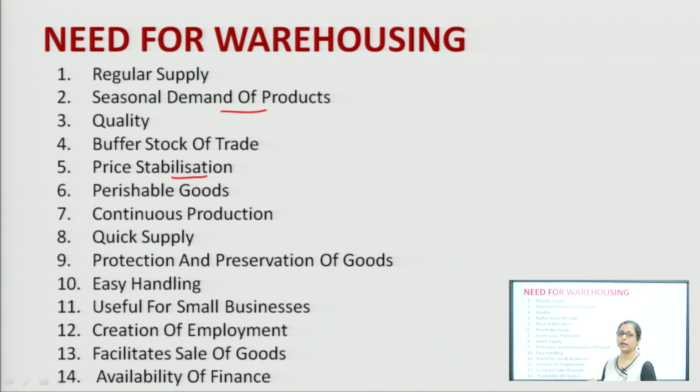Next, coming to price stabilization. Students, we have always been hearing about various kinds of products, maybe food products or other products, for which the price has suddenly gone up, and we keep hearing news that since that product is not available in the market, the price has increased. So in order to keep prices stable, because we are not very sure, there may be situations when the price of the raw material has increased, and as a result I am not able to produce the good, but I have to offer that particular good.